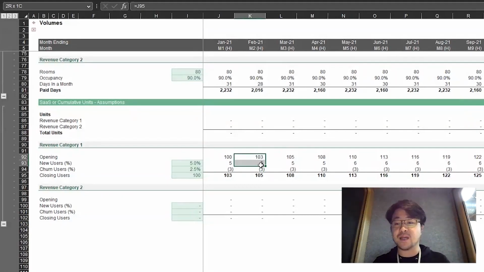If you have an in arrears pricing, maybe you look at it from the whole period, any opening plus new, take away any that's left, and then that gets you to your end period number. So yeah, a lot of ways to cut it, but the main point here is you've got a user base that is building on itself. You've got a volume base that is building on itself and growing over time. And that's the figure that you will be able to charge a unit price against.